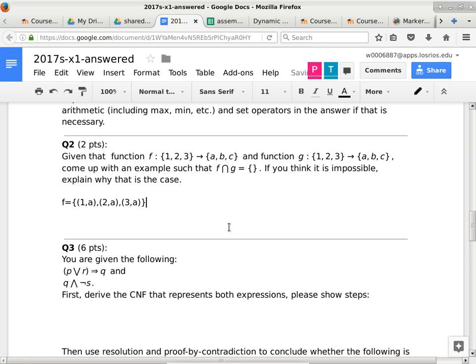And then G can be a set of 1B, 2B, 3B. Then these two sets have no intersection, or I should say the intersection is an empty set, because the element 1A, which is a 2-tuple, is different from the element 1B, which is also a 2-tuple. Is that part okay?